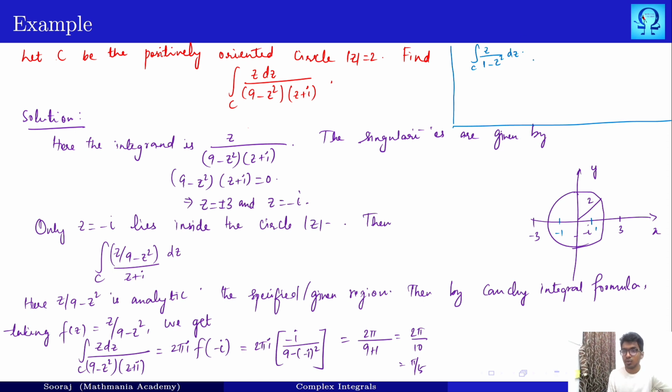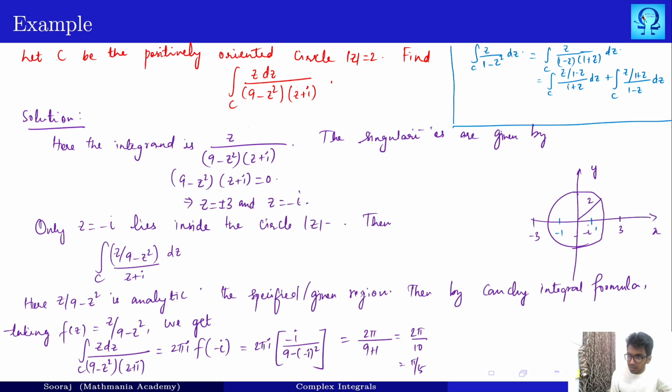In this case, what you do is that you just take this to be z upon 1 minus z and 1 plus z. You consider this way, and you will have to split this integral into two things. That is integral over c, z upon 1 minus z upon 1 plus z dz, plus integral over c, z upon 1 plus z upon 1 minus z dz.